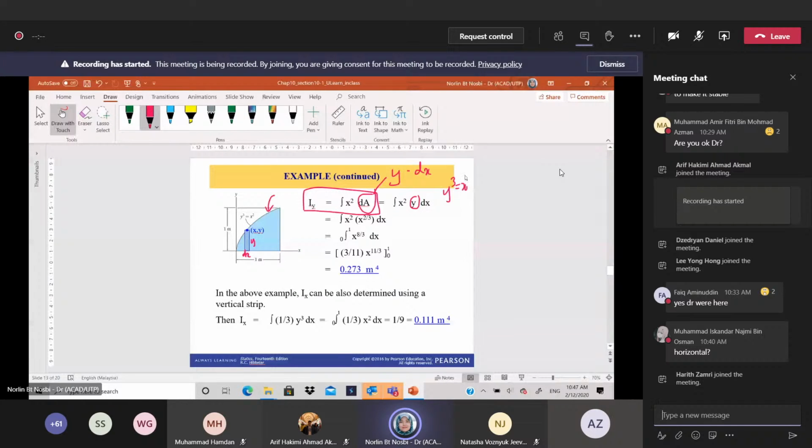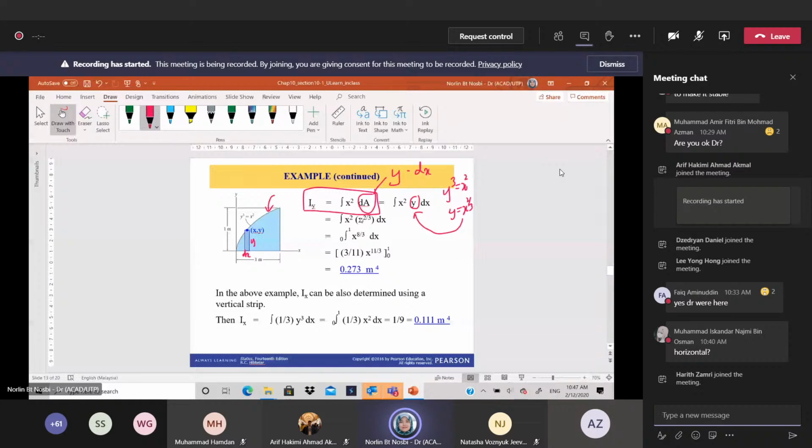So you want to replace y, so you have to change this one to x to the power of 2 over 3. So you fill it back into the equation, and you will get x squared times x to the power of 2 over 3 dx.